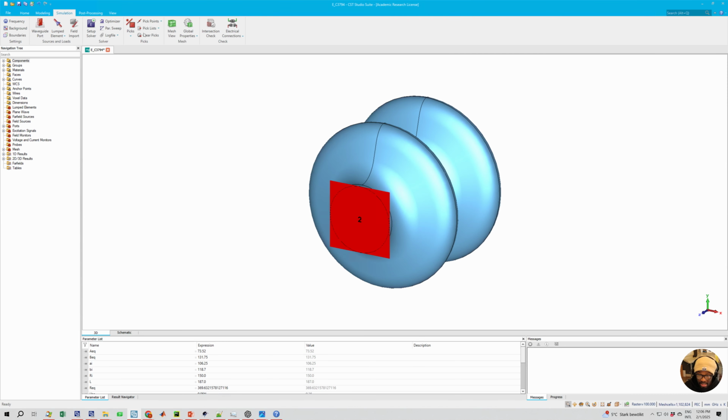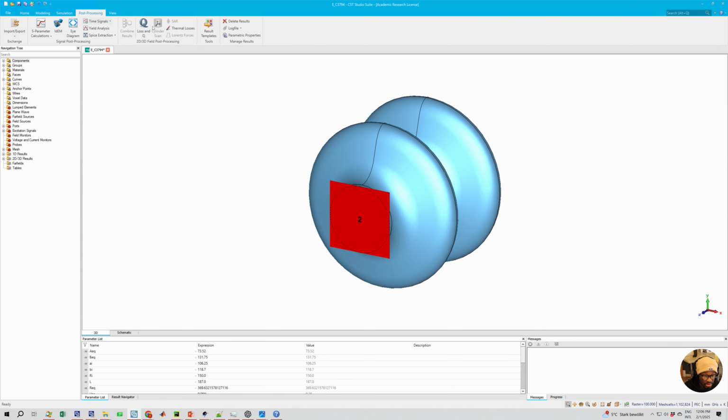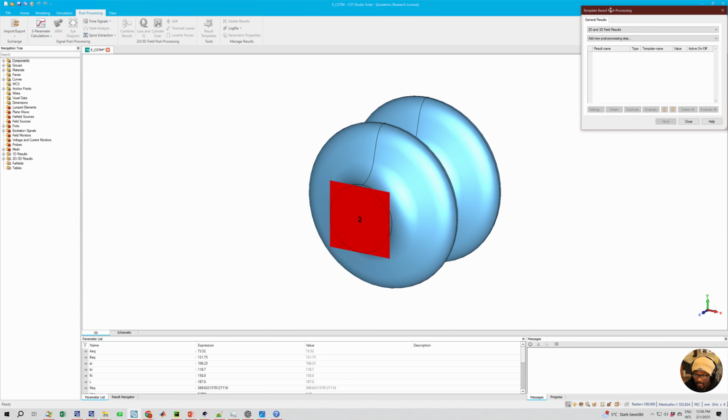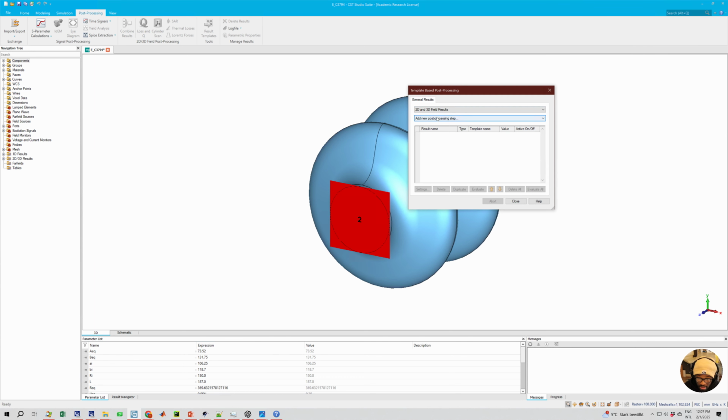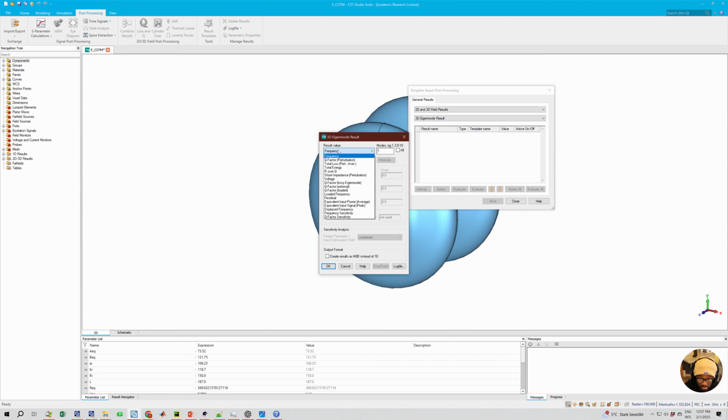Let me see what they have in 2020. So in 2020, you have Q factor perturbation, then you have lossy eigenmode, external and loaded. Okay, so it's the same thing as 2022.